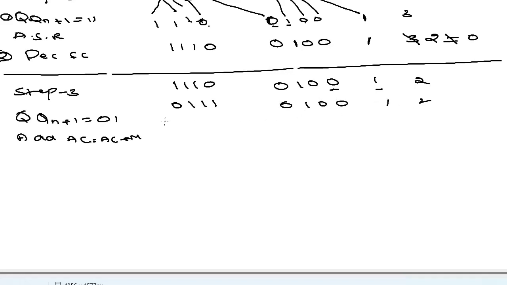Now add this value to the accumulator. 0 plus 1 is 1, 1 plus 1 is 1 0, again 1 plus 1 plus 1 is sum 1, carry 1, again 1 plus 1, sum is 0, carry is 1. If any carry occurs in the accumulator, you have to ignore it. Now the values are 0 1 0 1, again 0 1 0 0, Qn plus 1 is 1, sequence counter is 2.